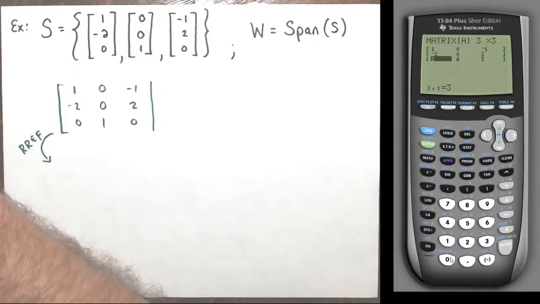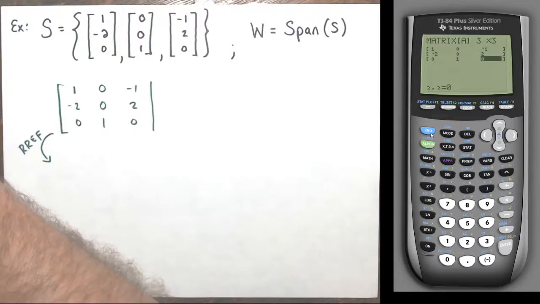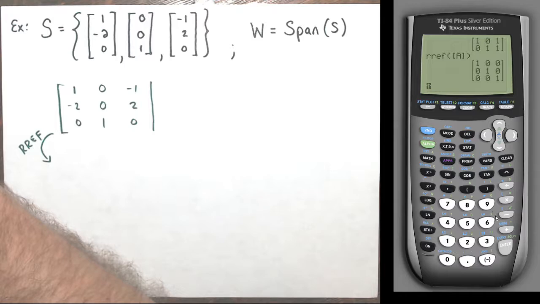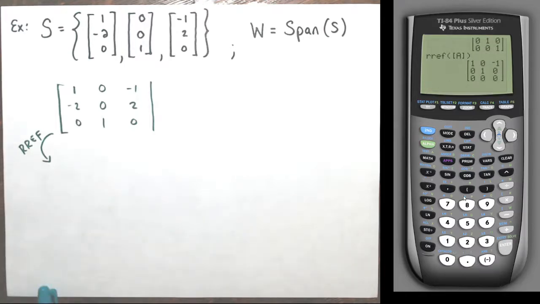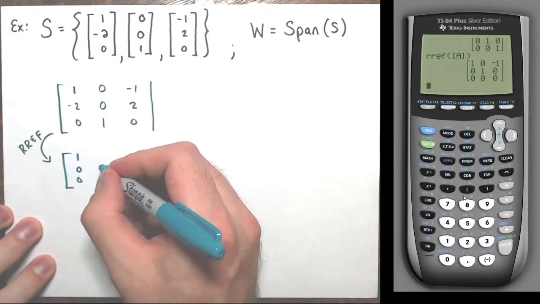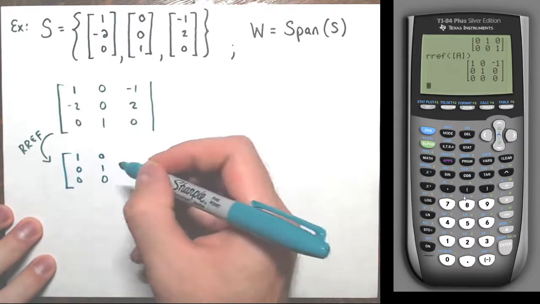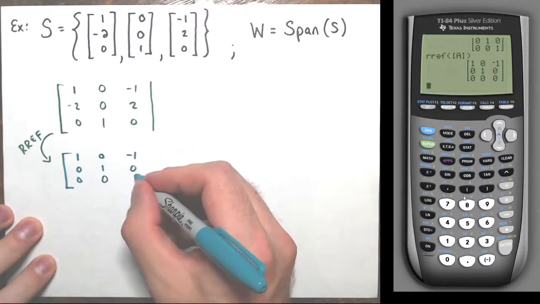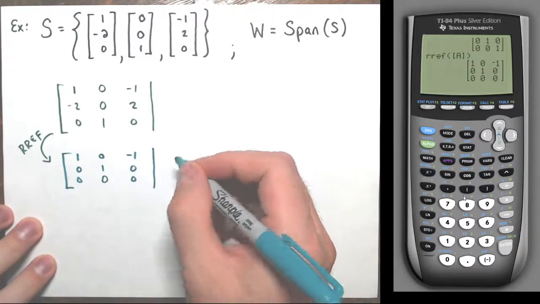And then the last row, 0, 1, 0. Right, and again, back on the main screen, just going to hit enter again for reduced row echelon form, and look at that, right? It's 1, 0, 0, 0, 1, 0, negative 1, 0, 0, and then again zeros on this side.